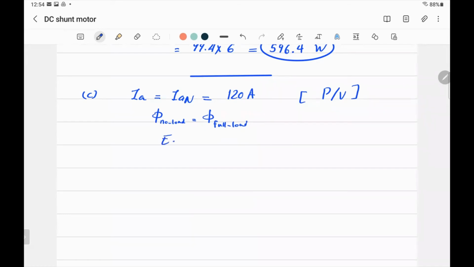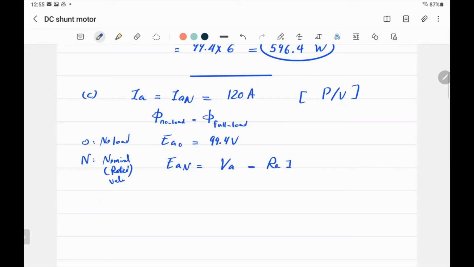Let's remember that for EA we agree about using this notation for no load and this one for nominal or rated value. At no load, we got 99.4 volts in part A. Now I want to find it at full load, or nominal. How do you find it? The equation is VA minus RA IA. That's the equation for finding the EMF.